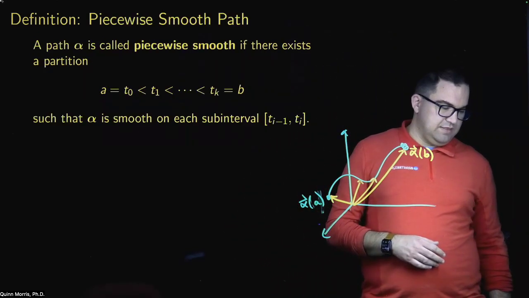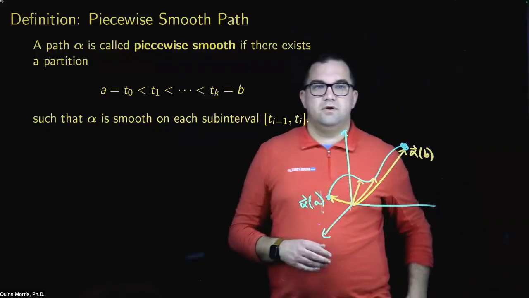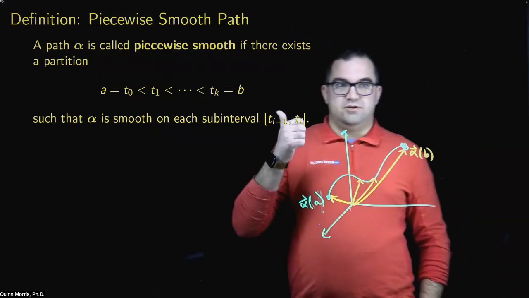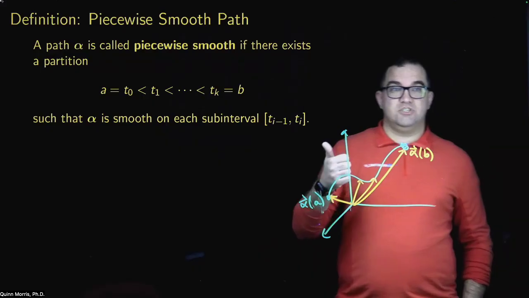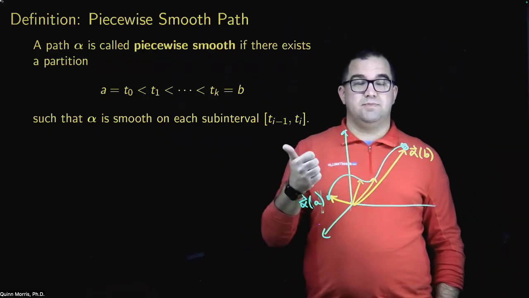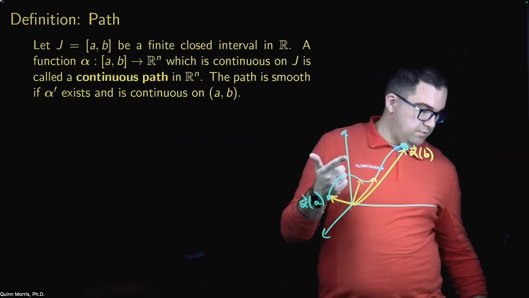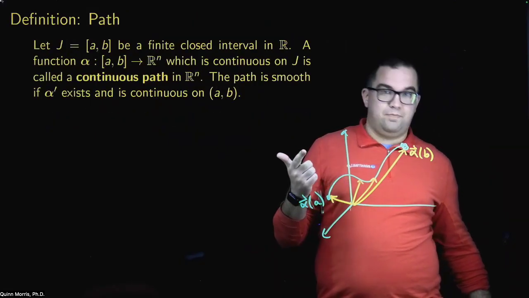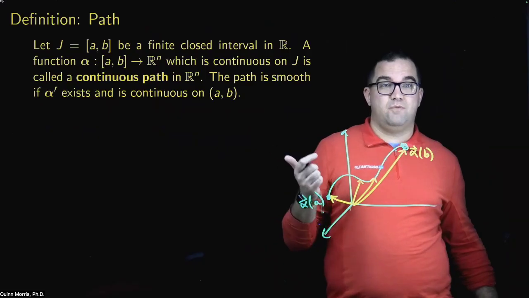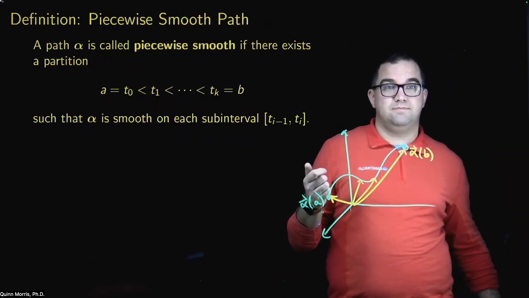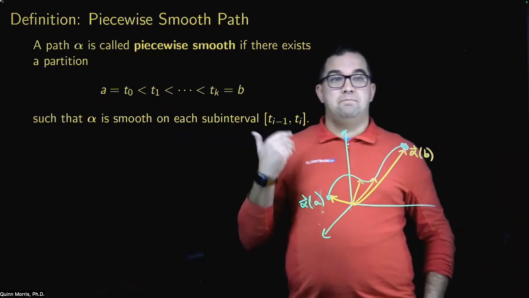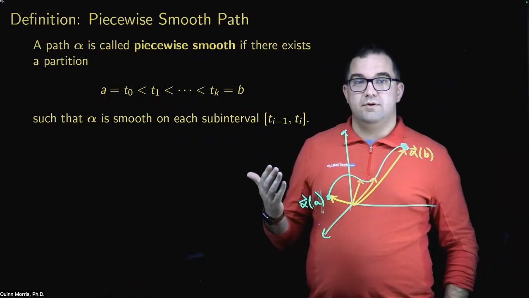Now, I want to extend this even a little bit further. So for a path, my function alpha just needs to be continuous. So that's a continuous path. A smooth path, just flipping back over here momentarily, just means I need the derivative alpha prime to exist and be continuous. And now I want to define a piecewise smooth path.